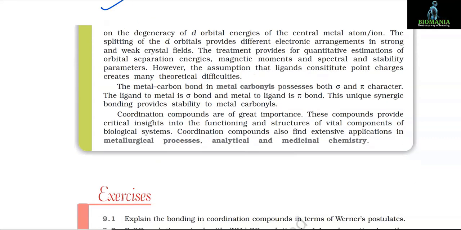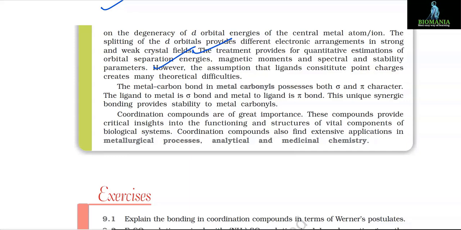The splitting of d orbitals provides different electronic arrangements in strong and weak crystal fields. The treatment provides for quantitative estimations of orbital separation energies, magnetic moments, and spectral and stability parameters. However, the assumption that ligands constitute point charges creates many theoretical difficulties.